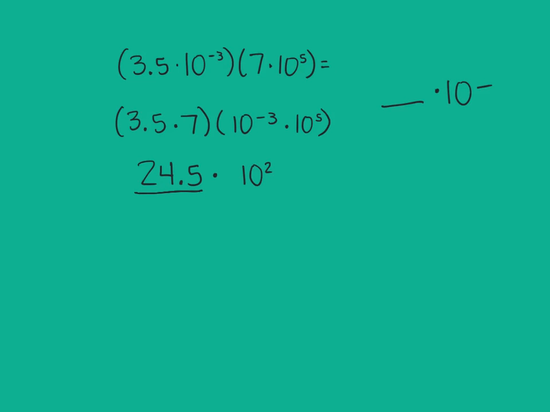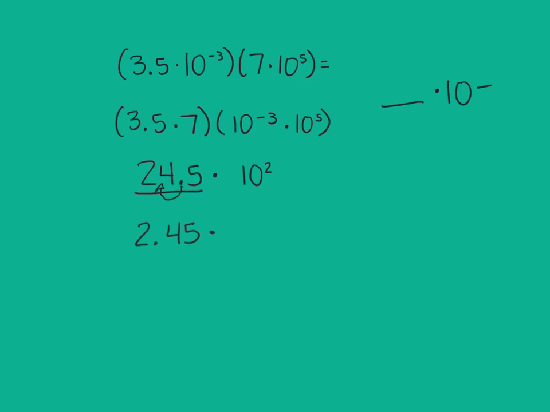To change it, I'm going to need to move this decimal point to the left one place to make it 2.45. When I do this, I'm going to have to adjust the exponent.